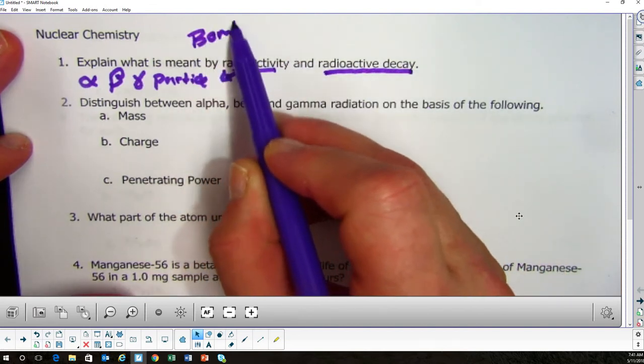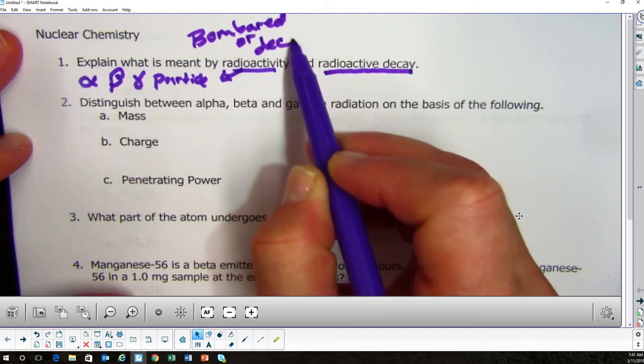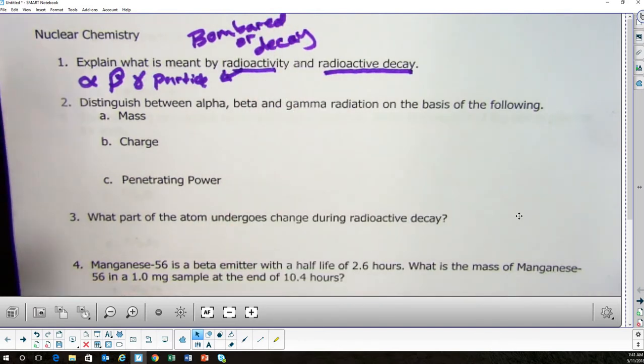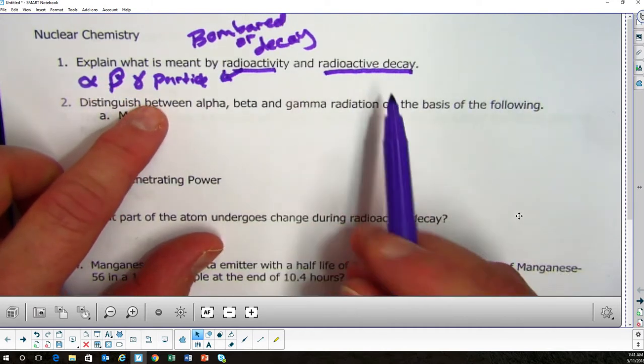So either I'm bombarding or I'm decaying. Because I can bombard something with neutrons like they do to start the nuclear reaction in a power plant, or I can use something that is unstable, that decays, to do x-rays and stuff like that.